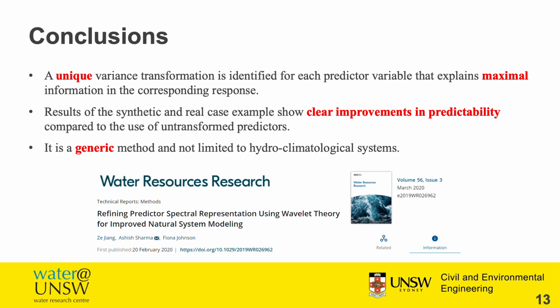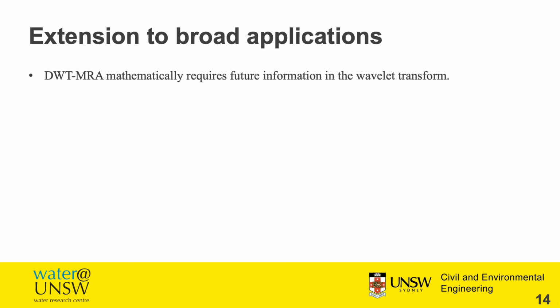However, in this work, there is an issue that needs to be addressed before it can be used for forecasting in practice, without dependence on model simulations, where we know the future information of predictor variables. This problem arises from the mathematical basis of the discrete wavelet transform, where it requires future information in the decomposition.